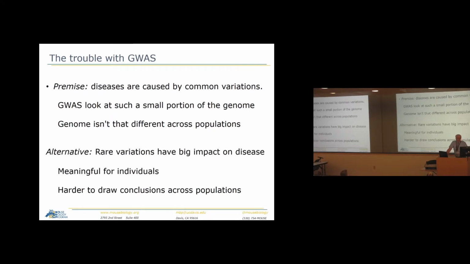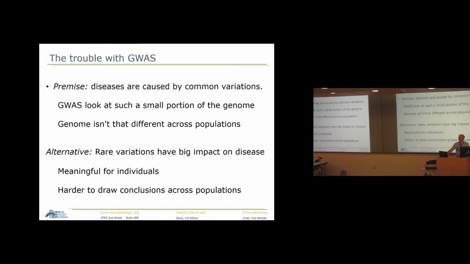So the alternative that has been developed over the years is that it's really not common variations, but rare variations that have a big impact on disease. Now the plus is that these are quite meaningful for individuals, but the downside is that they're therefore also harder to draw conclusions across populations.